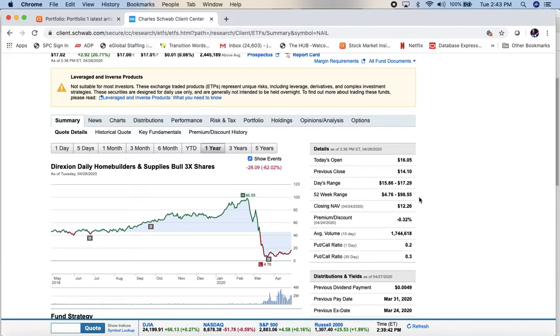So I take 98.55 and divide that by 16.5. That's 6 times. So say you put $500 into this, and it goes up to that. You would take $500 and turn it into almost $3,100. It'd be $3,070.